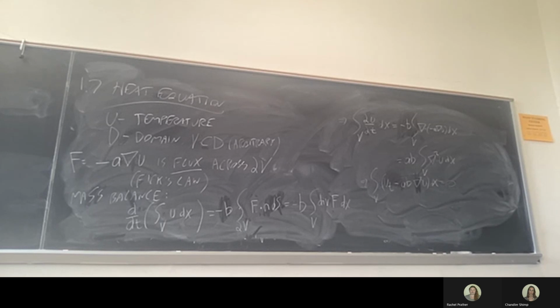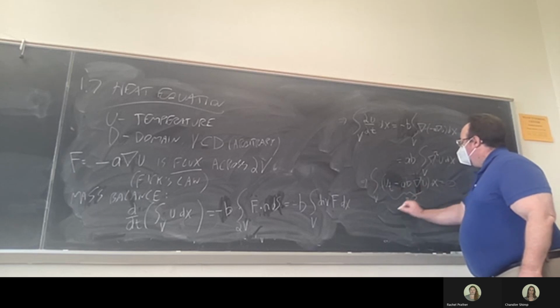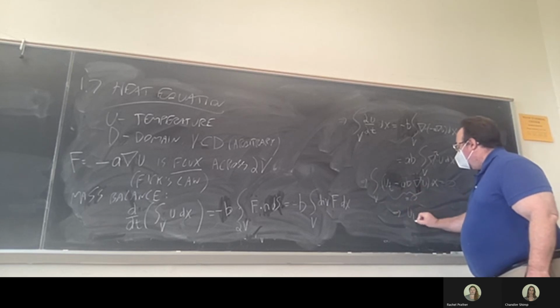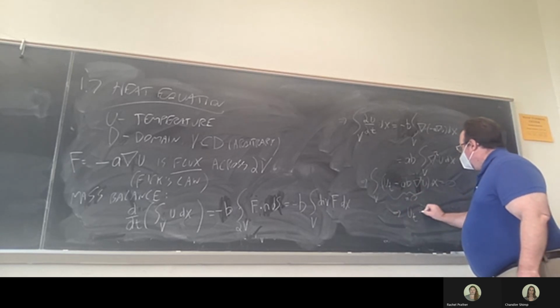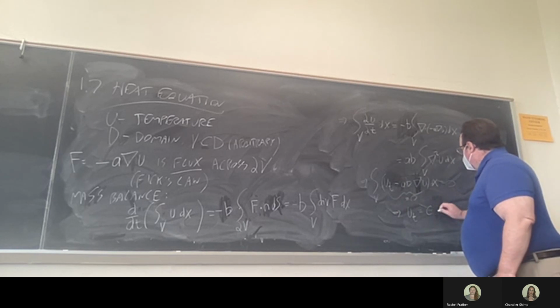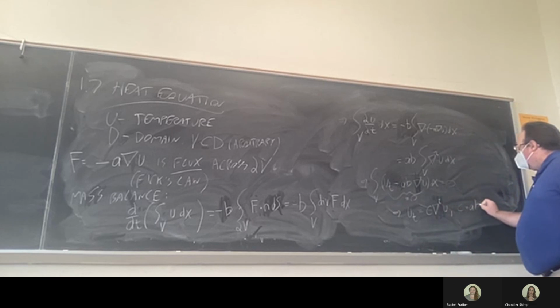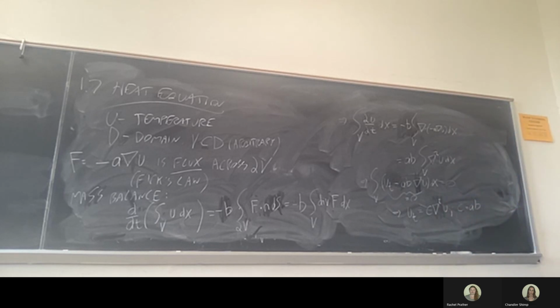If you have an integral that is 0 over an arbitrary region, the only way that can happen is if the integrand itself must be 0. So out pops the heat equation, where I define the constant C to be equal to A times B. So that's how the heat equation is derived.